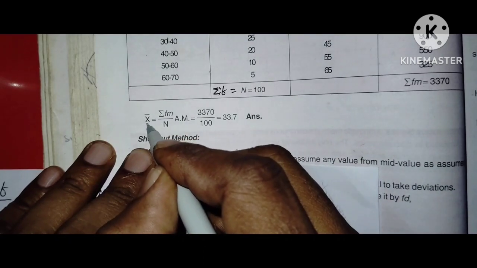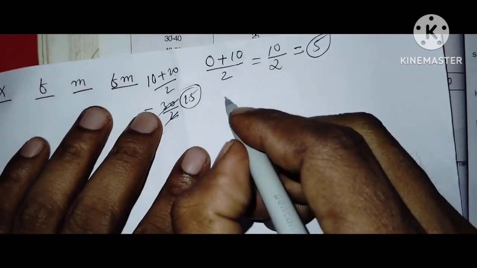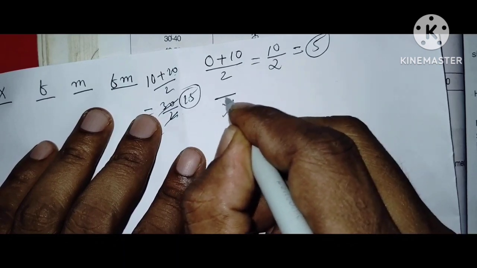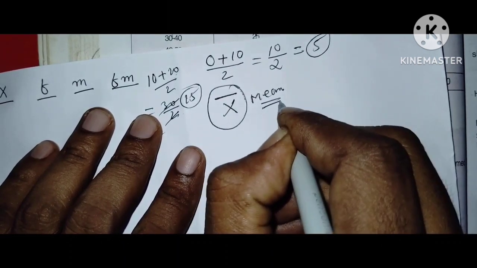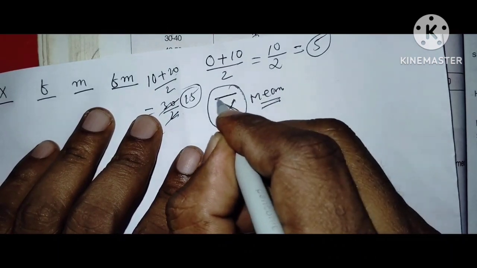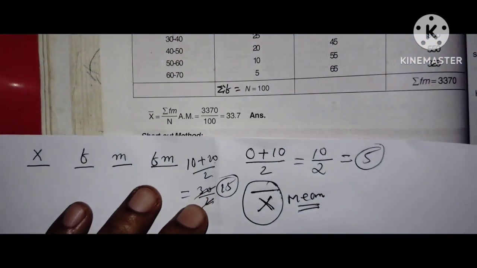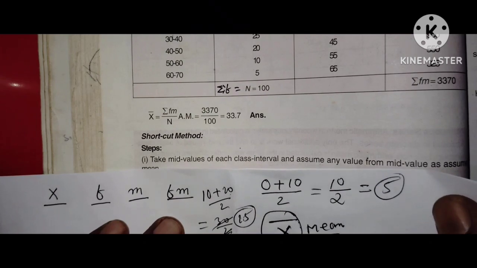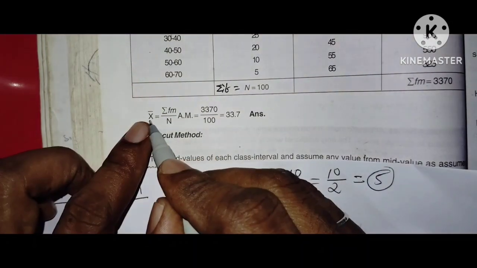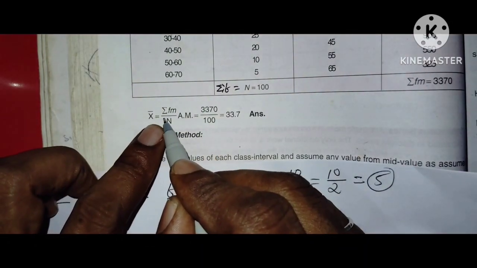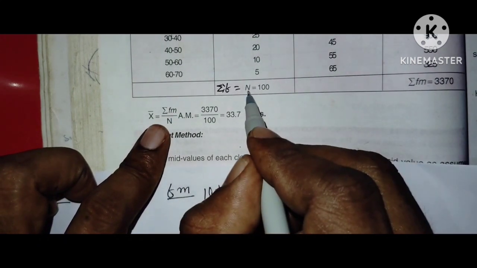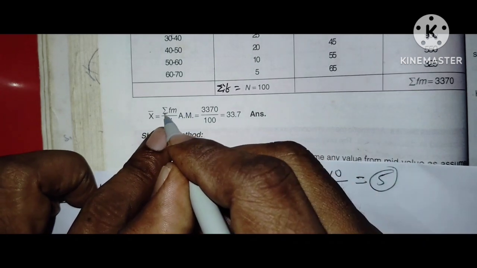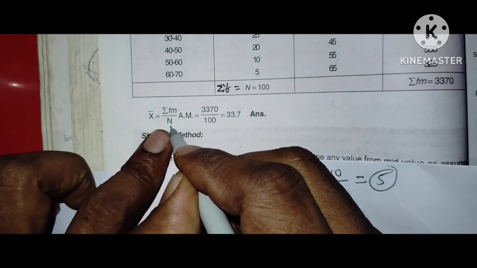The mean symbol is X with a bar, X bar. Now under the direct method, when you calculate the arithmetic mean, the formula is: mean equals sigma FM, that is this total, divided by n. So sigma FM by n.